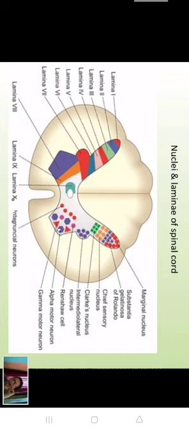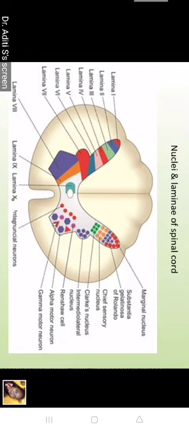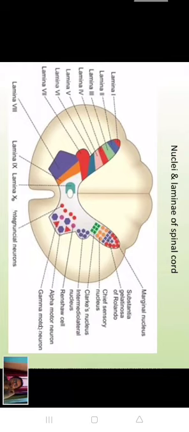What is the name of the nucleus of lower motor neurons? The larger cells are called alpha motor neurons. Very good. They supply the extrafusal fiber of the muscle. And the smaller cell is called gamma motor neuron. Gamma motor neurons supply the intrafusal fiber, and they are arranged in laminae.